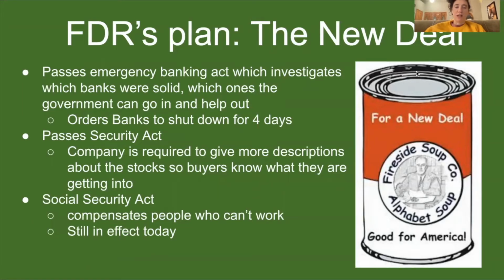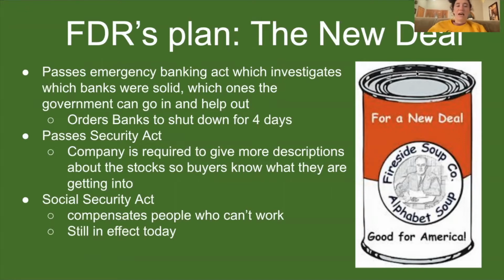Another thing the New Deal does is pass the Security Act. When we talk about the stock market, when you buy stocks from a company, you're basically owning, I think it's like 0.0001% of the company, just a small percentage.